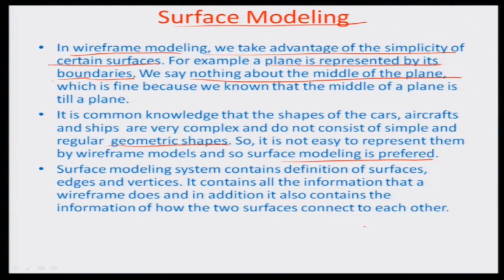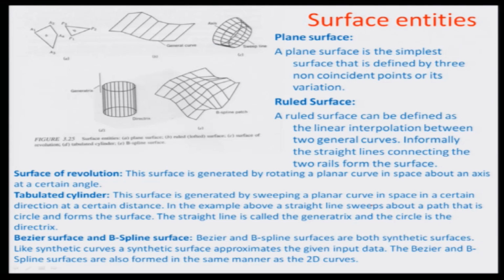Typically there are many ways of doing surface modeling. One of them would be just by representing a certain set of lines. Let us say in this particular case there are two curves, curve 1 somewhere like this, and curve 2 something like this.